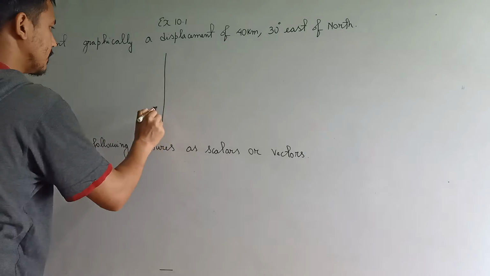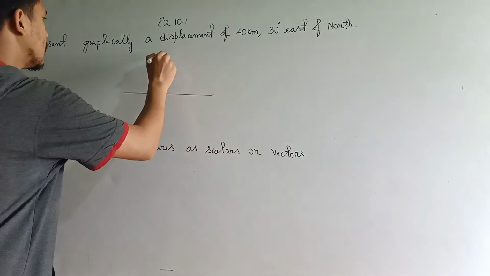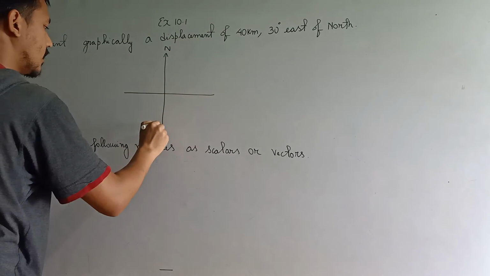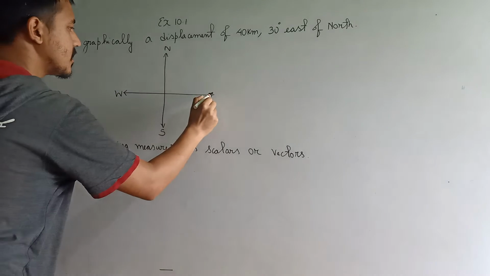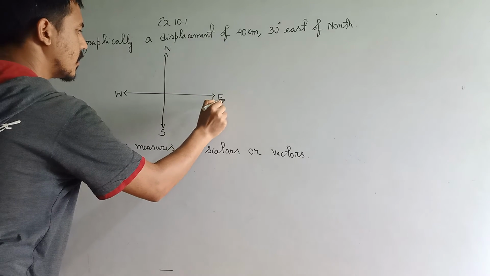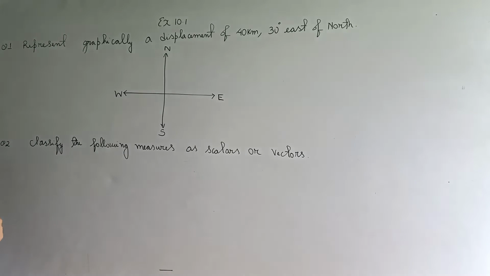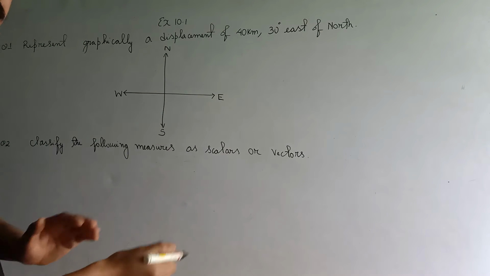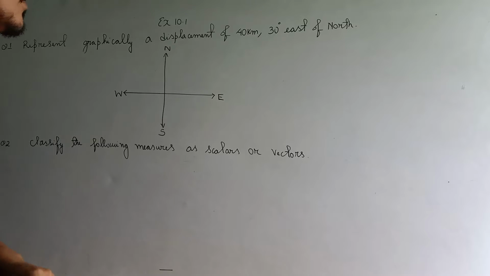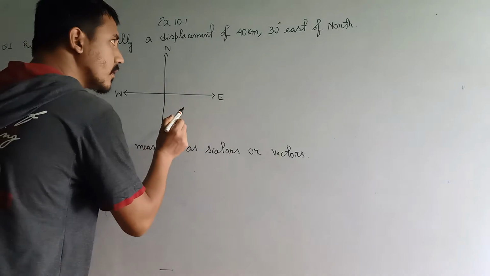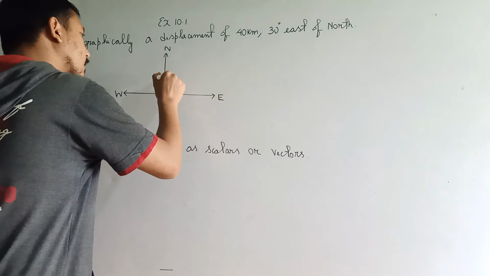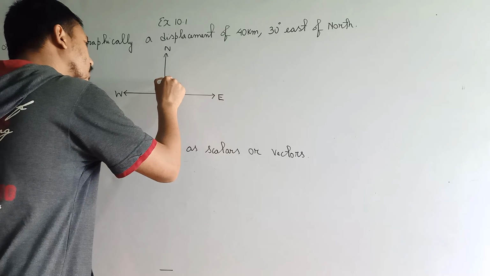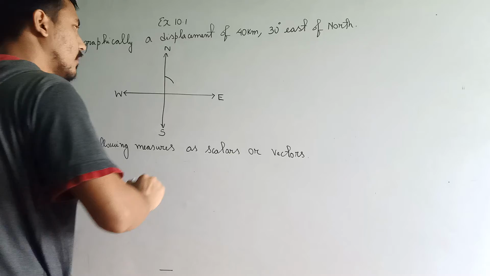This is your north, this is your south, this is your west, and this is your east. We want to represent the displacement, which is 40 kilometer magnitude. 30 degree east of north means from north to east you go 30 degree.